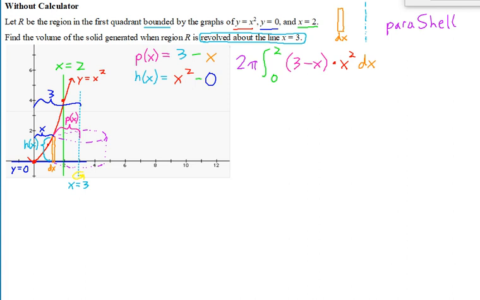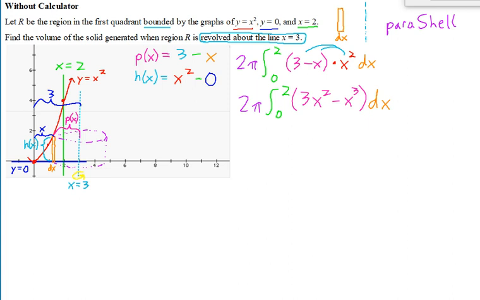All right, so now we just have to make this easier to integrate, because remember there's no product rule for integration, and there's no need to use integration by parts here. So we'll have 2 pi on the outside. Then if we just distribute this x squared out to make it easier to integrate, integral from 0 to 2, then we'll have 3x squared minus x cubed times dx.